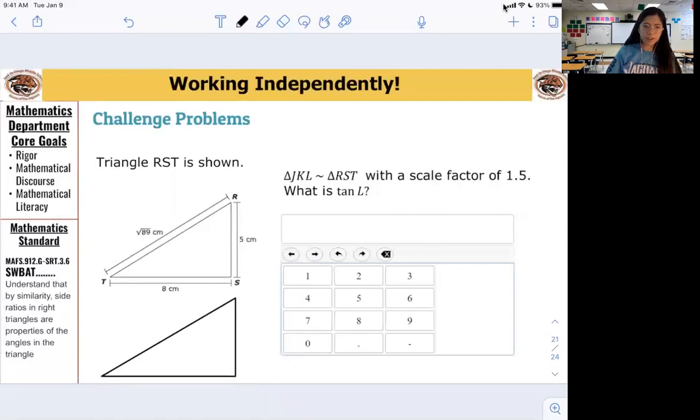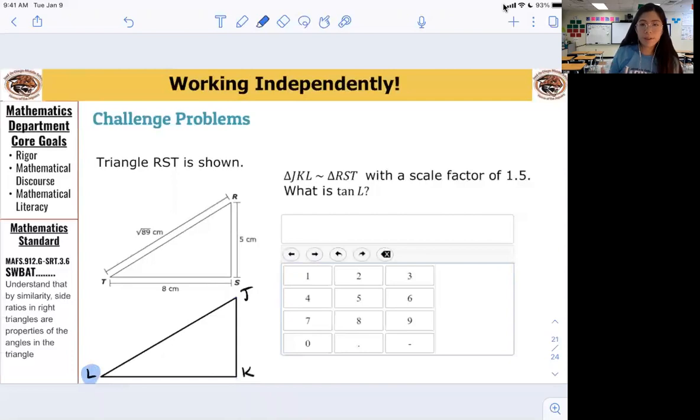But I'm just going to draw it next to it. So J would be up here, K would be here, and L would be here. And it's asking me what is the tangent of L? Well, there's a hard way to do this and an easy way to do this.